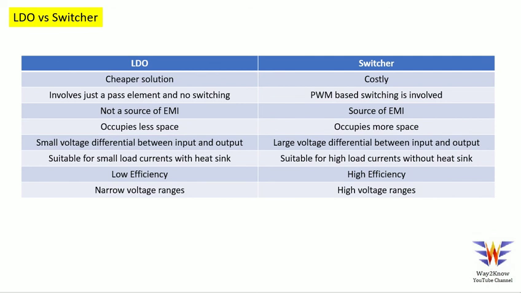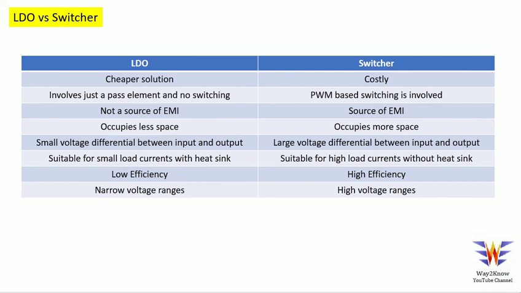And with the LDO, you can work only with a small difference between the input and the output. What we mean by a small difference is, for example, if I have a 5 volt input and I need to get 3.3 volts output at 1 amp, the difference between 5 and 3.3 is 1.7, and at 1 amp output you get a power dissipation of 1.7 watts in the series pass element, that means in the LDO.